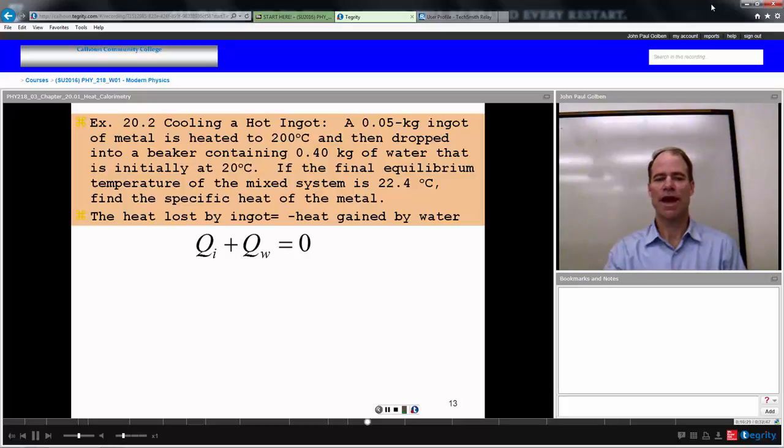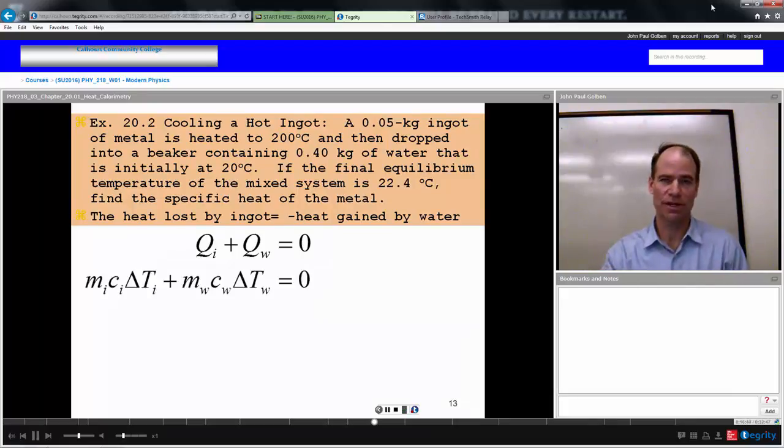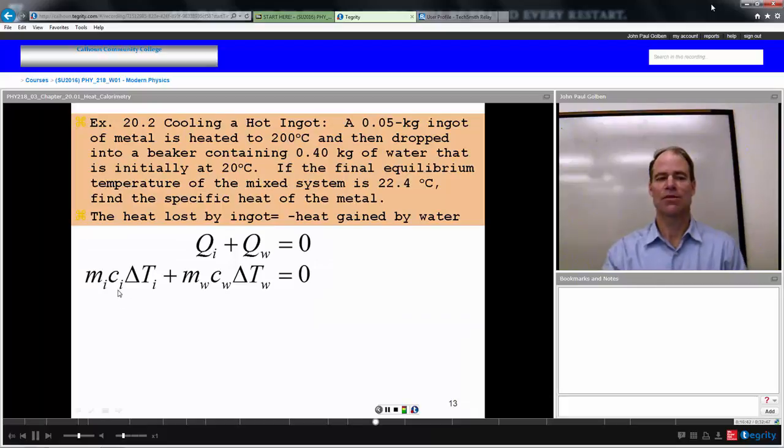So essentially the heat of the ingot, which is going out of the ingot into the water, plus the heat exchange with the water, which is coming into the water, heating it up, those heat exchanges added together should equal 0. One's going to be positive, one's going to be negative. So the mass times the specific heat of the ingot times the change in temperature of the ingot, which is our heat exchange for the ingot, plus the mass of the water times the specific heat of water times the change in temperature of the water, which is the heat exchange for the water, should equal 0.